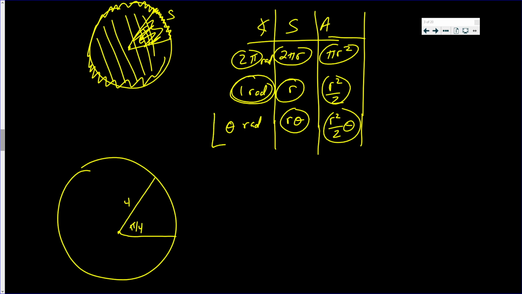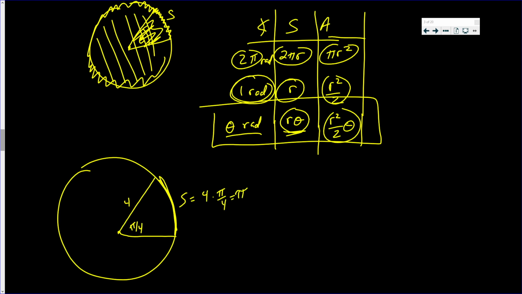Now basically we just need the last one. When the angle is theta radians, the arc length is r theta. So this arc length will be r times theta, which is pi. The 4's cancel. That is how long that arc is.